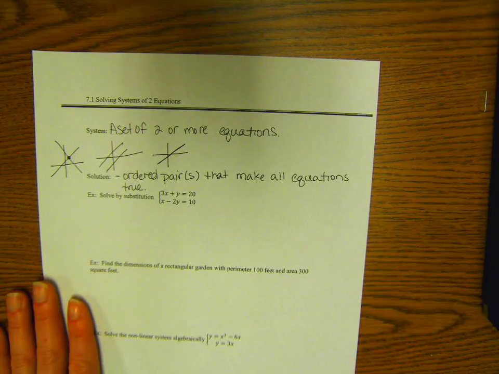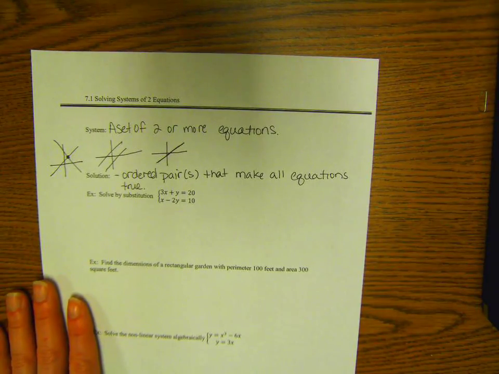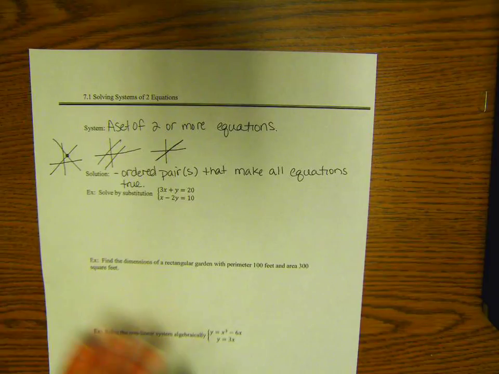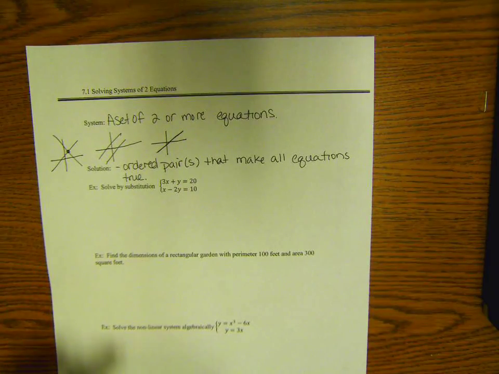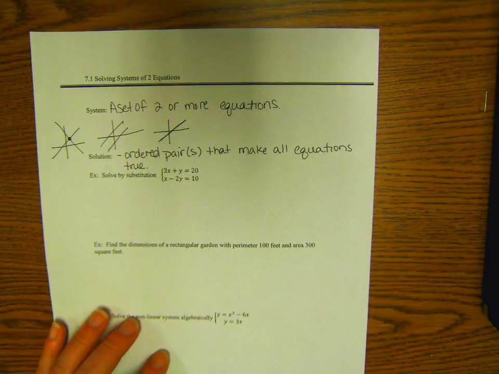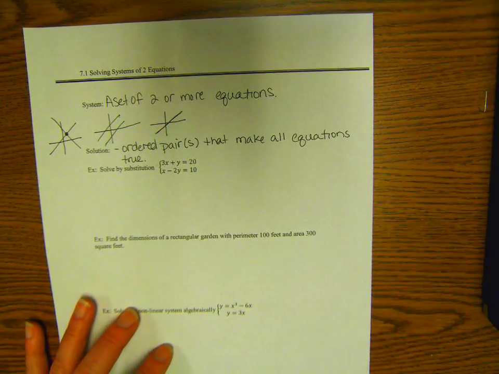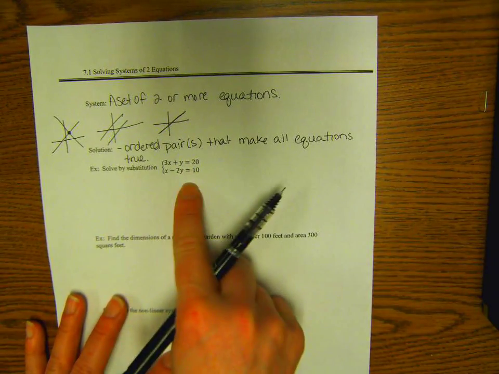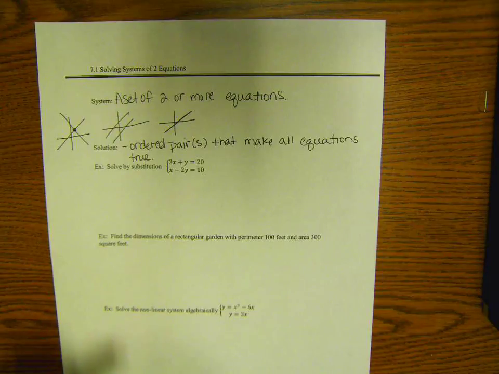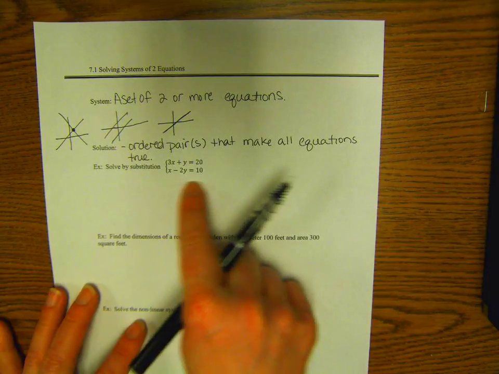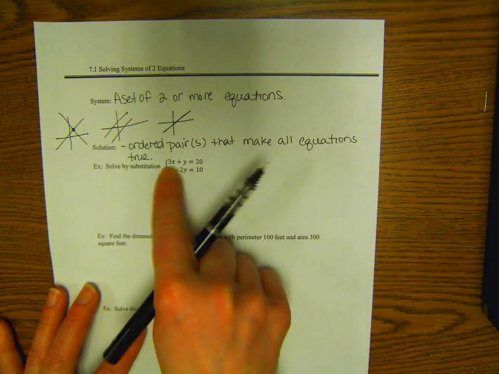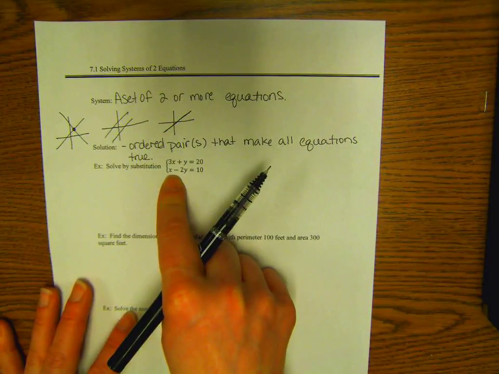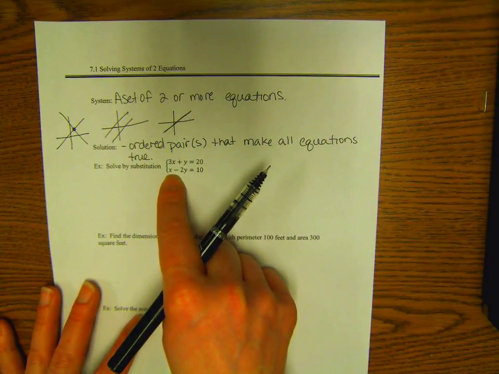Tomorrow we're going to talk about elimination, and I would say the majority of the time when you have linear systems that look like this, I would use elimination. But I'm going to show you how you could use substitution. The concept is you get one variable by itself and then you substitute that expression into the other.